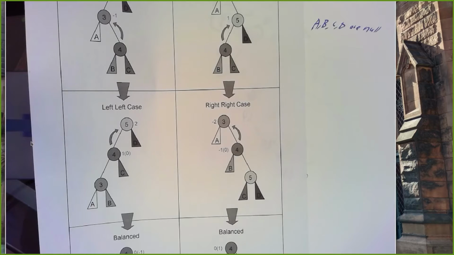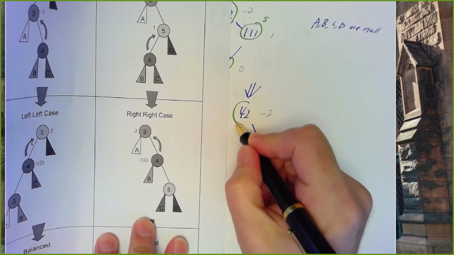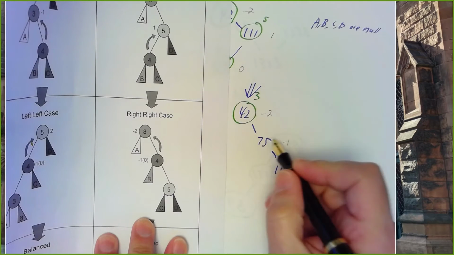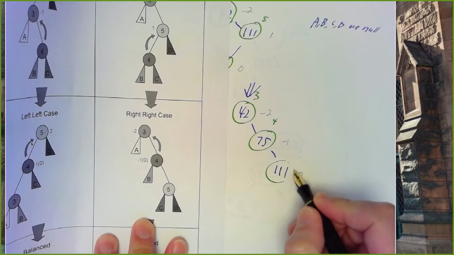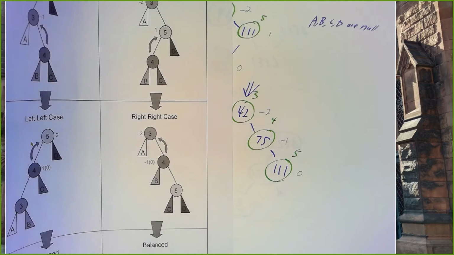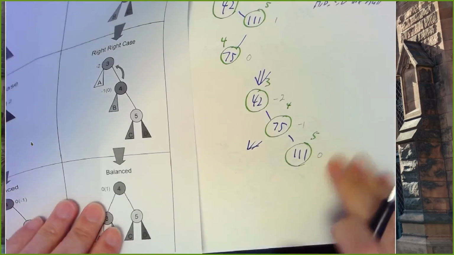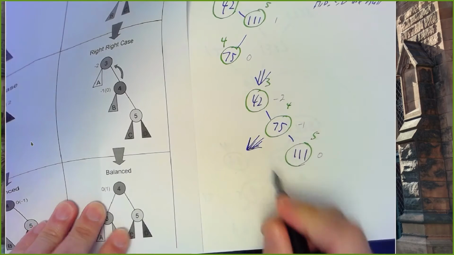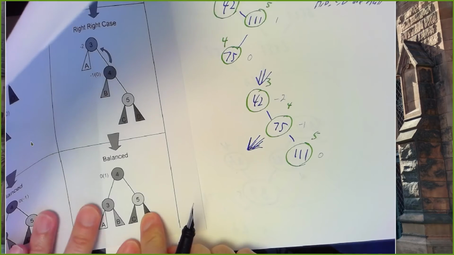And the labels are the same. Right? The root will be node 3. The right child is node 4. The right child of that is node 5. And the correction we make to that is to move 4 to be the root, put 3 on the left, put 5 on the right.